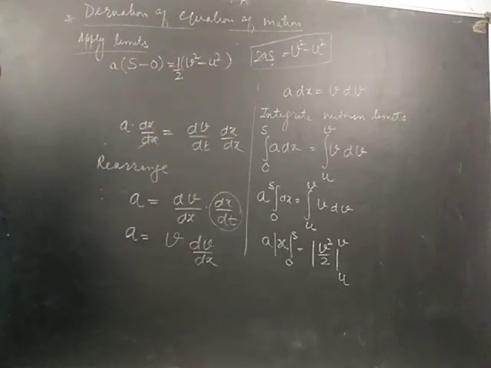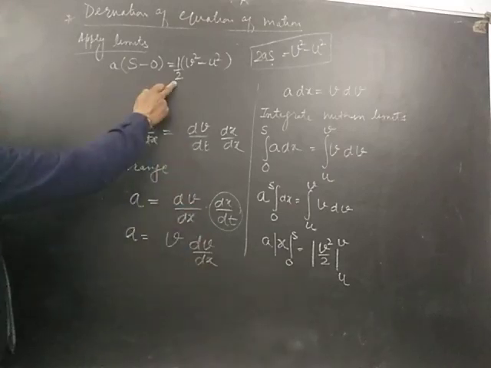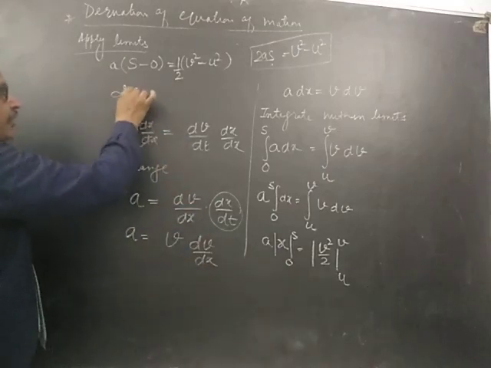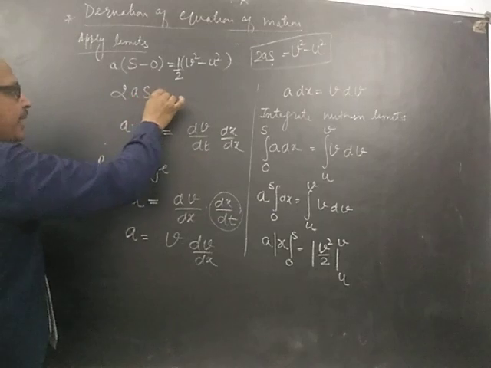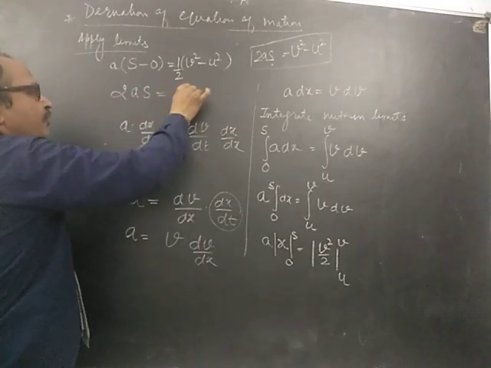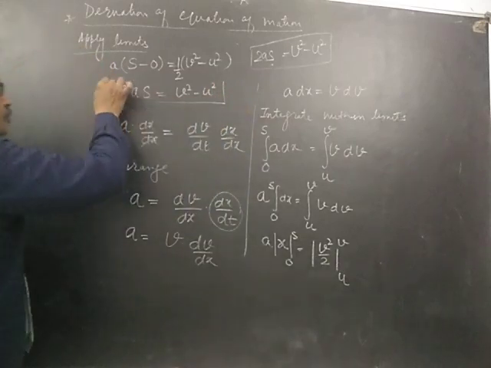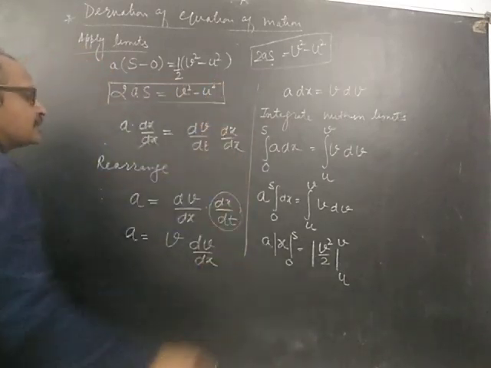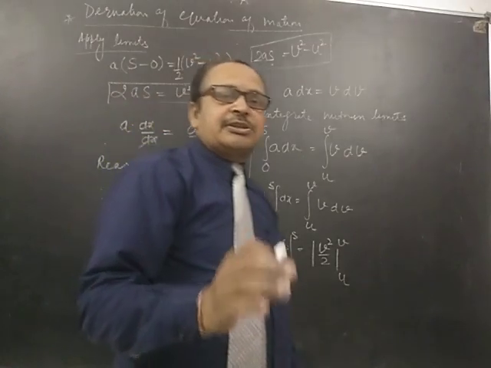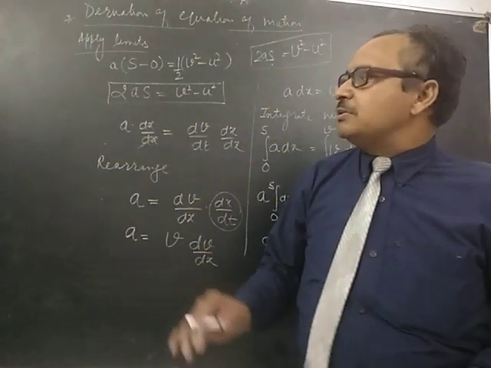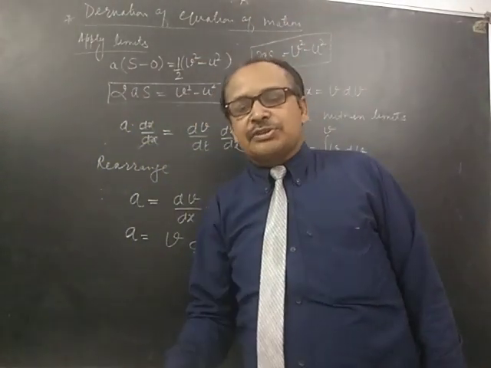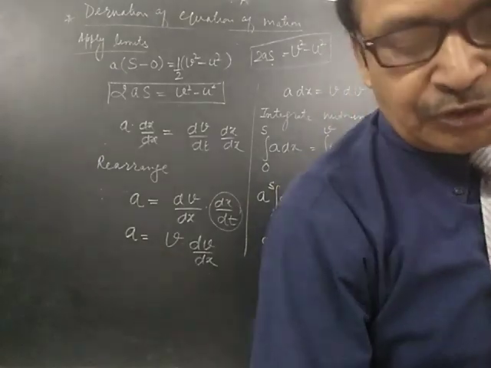Any doubt? Is it clear? So this 2 will go this side. It will become 2as and you will be left with v square minus u square. And what is this? This is nothing but your third equation of motion.